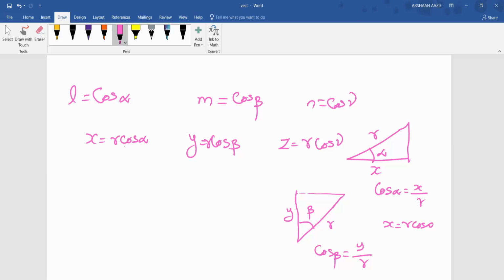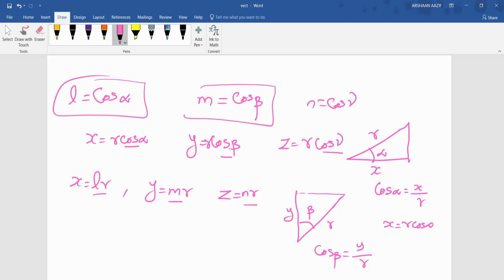So cos alpha, cos beta, cos gamma can be represented as L, M, N. So my x is equal to Lr, y equals Mr, z is equal to Nr. Now these Lr, Mr, Nr are called your direction ratios. These are your direction cosines, which is just the cosine you are finding. The name itself suggests that.